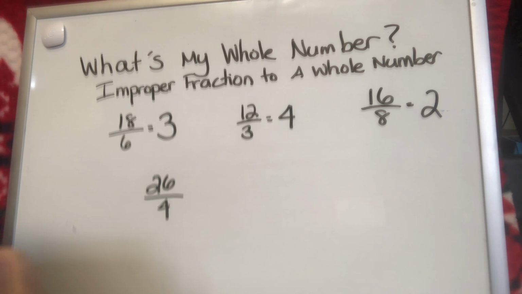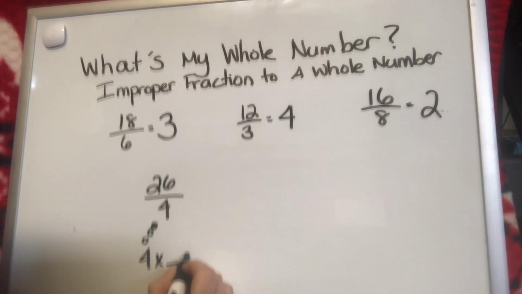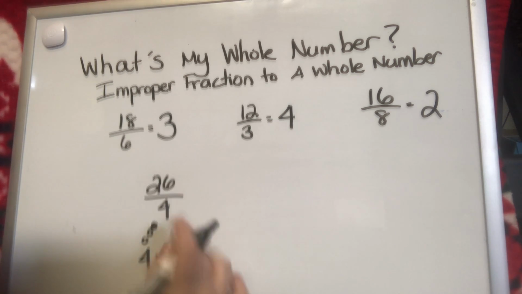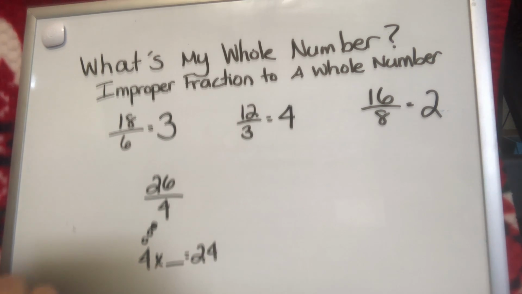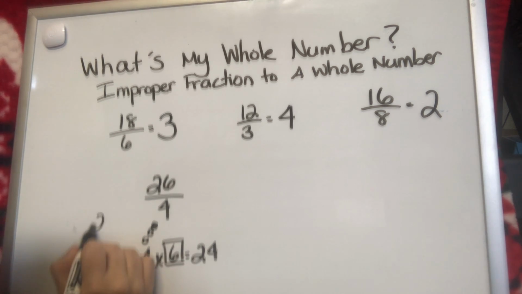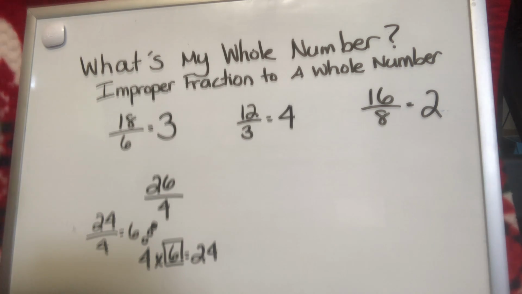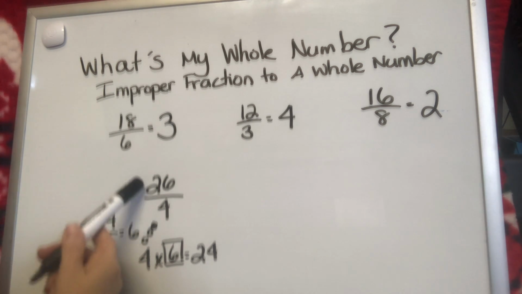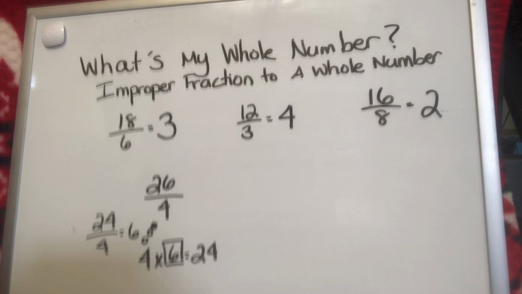So I'm going to try to do that think bubble, right? So I want to get close. So 4 times what is going to get me close to 24. So 6 would be 24, right? So if we had 24 over 4, our whole number would be 6. But it's not, it's 26, so it's a little bit more, right?